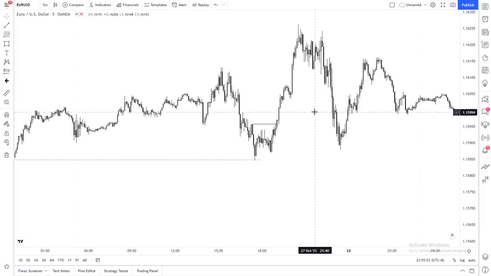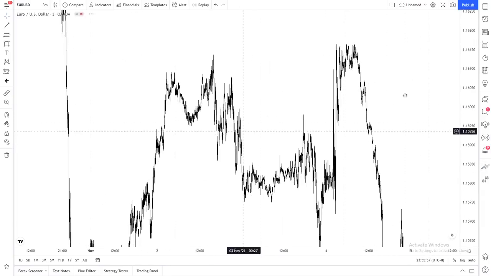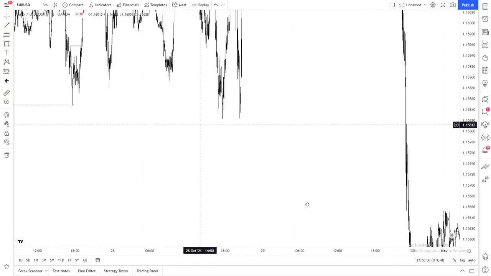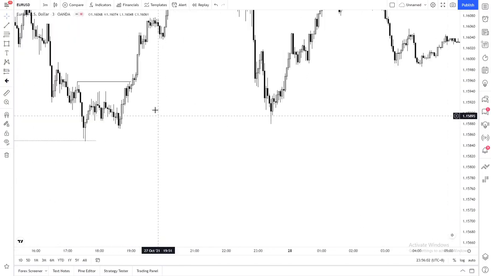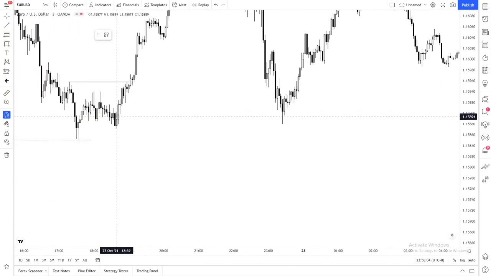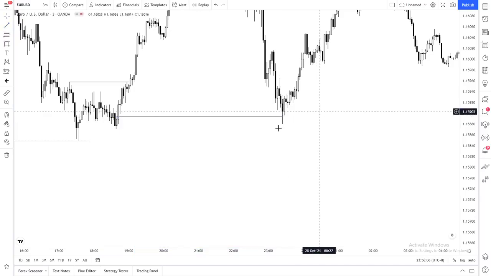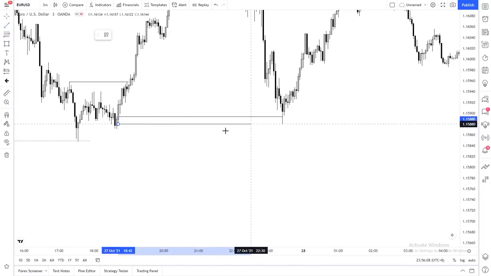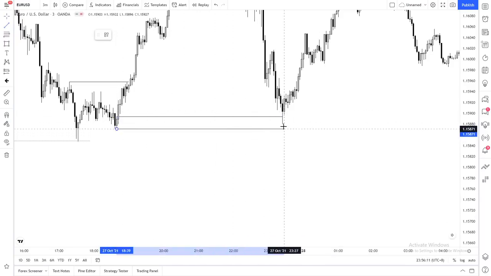Boom, she goes. Okay, where is my entry? Simple as. I believe, if I can remember correctly, I took an entry based off of the 3-minute IPA. Now you guys are wondering, wait, Avi, you just taught us about the 2.5 pip. Why are you taking it from IPA all of a sudden?